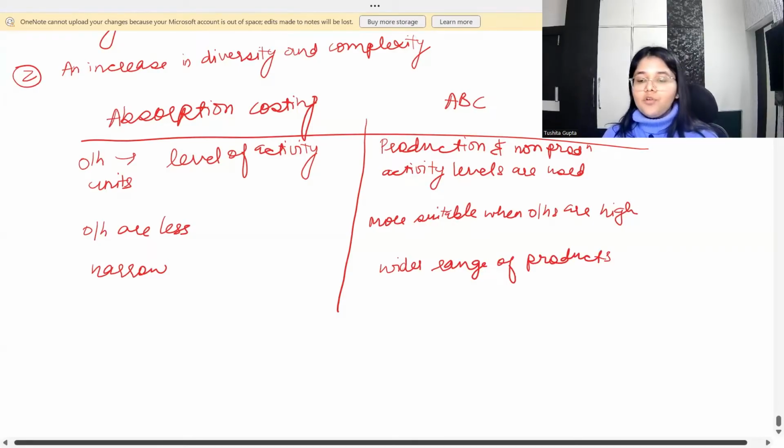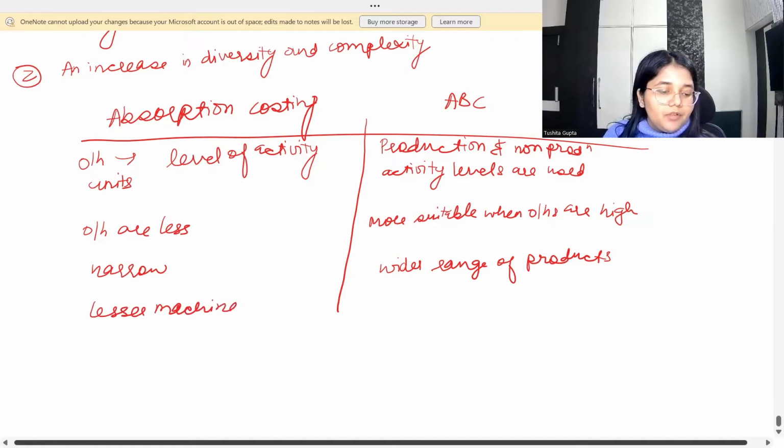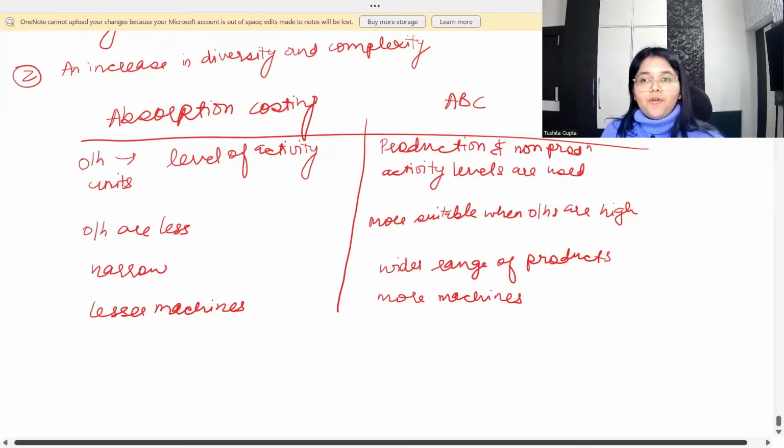Then absorption costing will also be suitable in an environment where there are fewer machines. Absorption costing belongs to the times that prevailed earlier, when overheads used to be less, the production range was very narrow, and there were fewer machines. But today there are more machines, and ABC costing will definitely be more suitable in an environment where a significant number of machines are being used. Another point of comparison is that absorption costing is more suitable when there's a long product life cycle due to less competition.